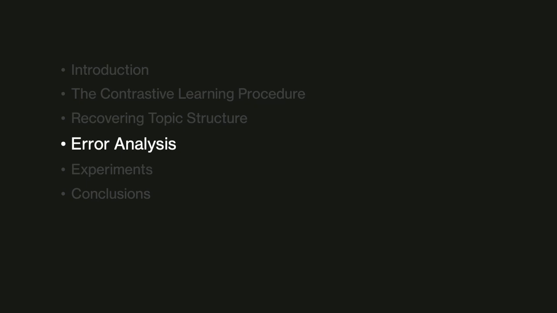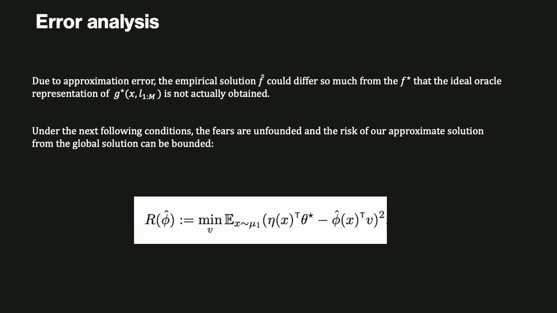Next, we move on to error analysis. So due to approximation error, the actual empirical solution that we find could differ so much from the ground truth function that the ideal oracle representation of a document that we've been talking about could actually not be the one we find.